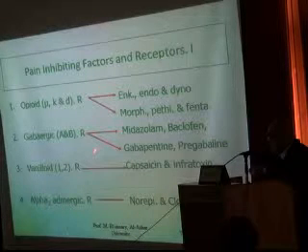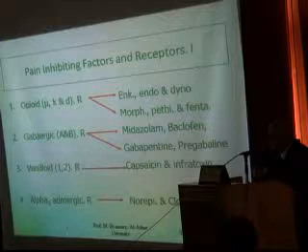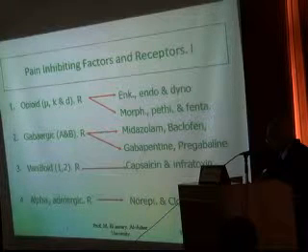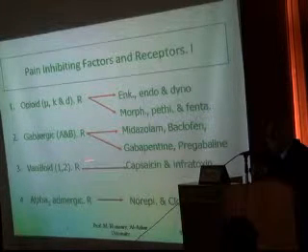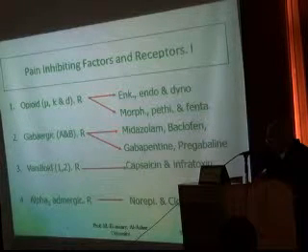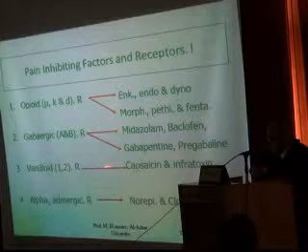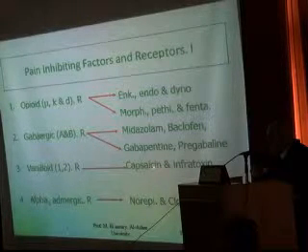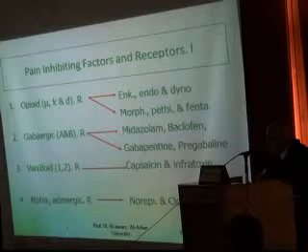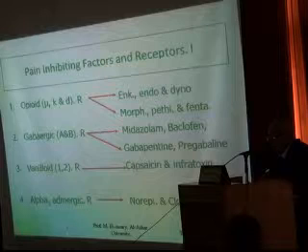We have GABAergic receptors, with midazolam, baclofen, gabapentin, and pregabalin. And capsaicin or vanilloid receptors 1 and 2, stimulated by the natural capsaicin of red pepper, or resiniferatoxin, which is a synthetic one.